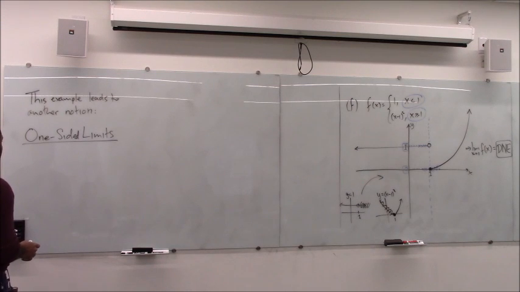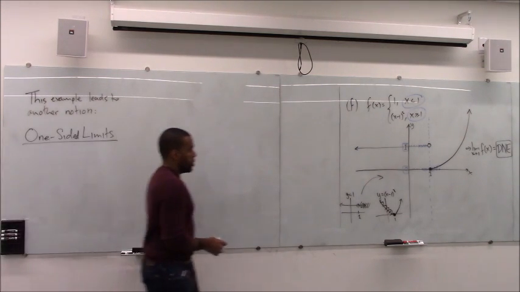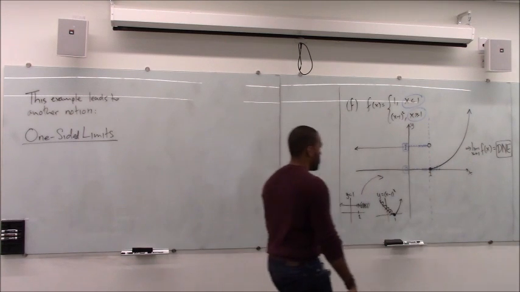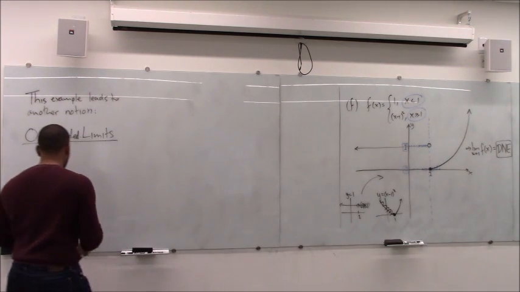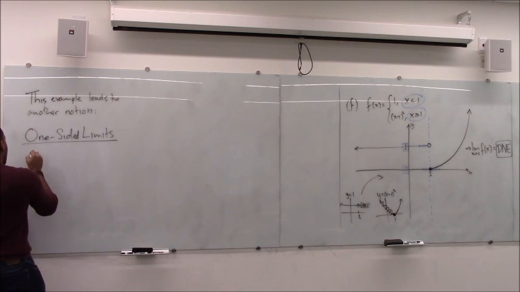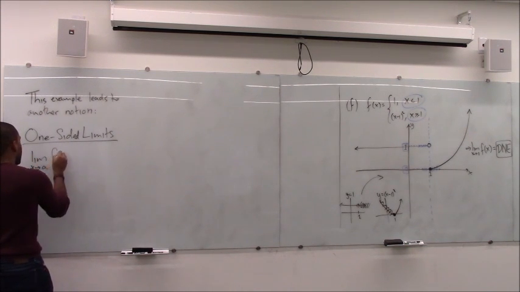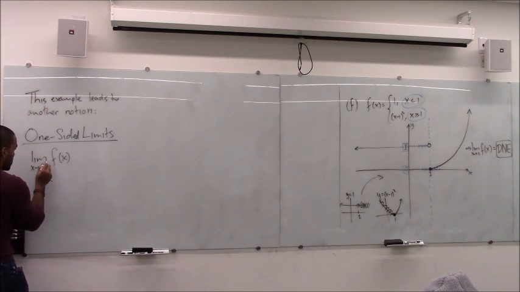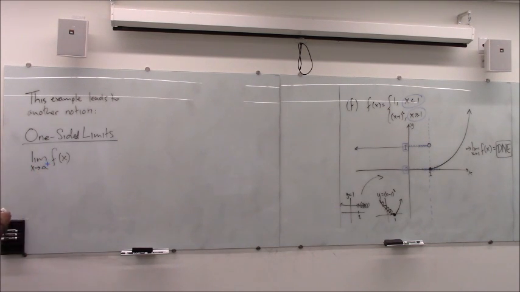So here's how, because notice I can talk about from one side or the other, I can talk about from the left or the right, and I know exactly what's going on. So the notation is the following. I can have limit as x approaches a of f of x, but I put a little plus sign here in the upper right corner, kind of like a superscript.